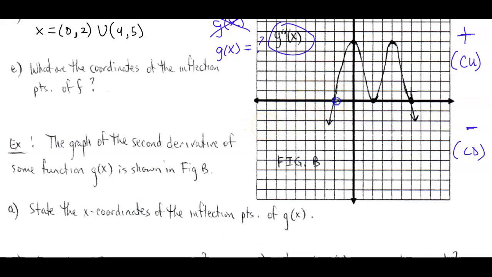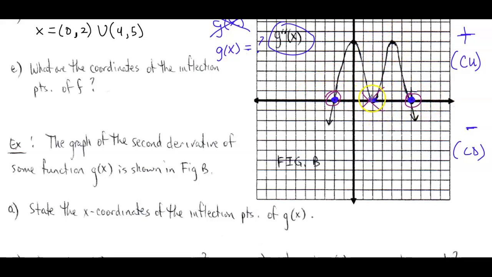Well, we know that here, here, and here are the three potential places where we have inflection points, okay? The only two that actually satisfy our conditions here are this first one and this last one.